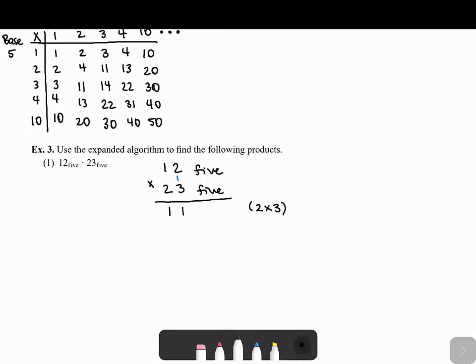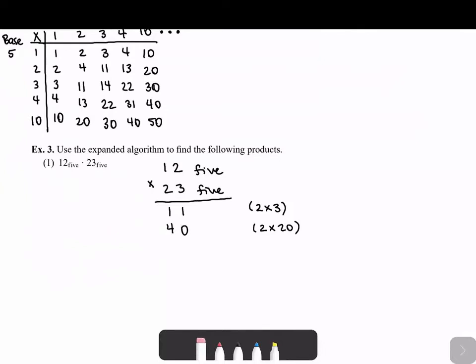Okay, the next thing I'm going to do is take these 2 units times 2 flats. So we make sure we denote the place value there. So when we have 2 units and 2 flats, then we are going to get a total of 4 flats. So this is 4, 0.